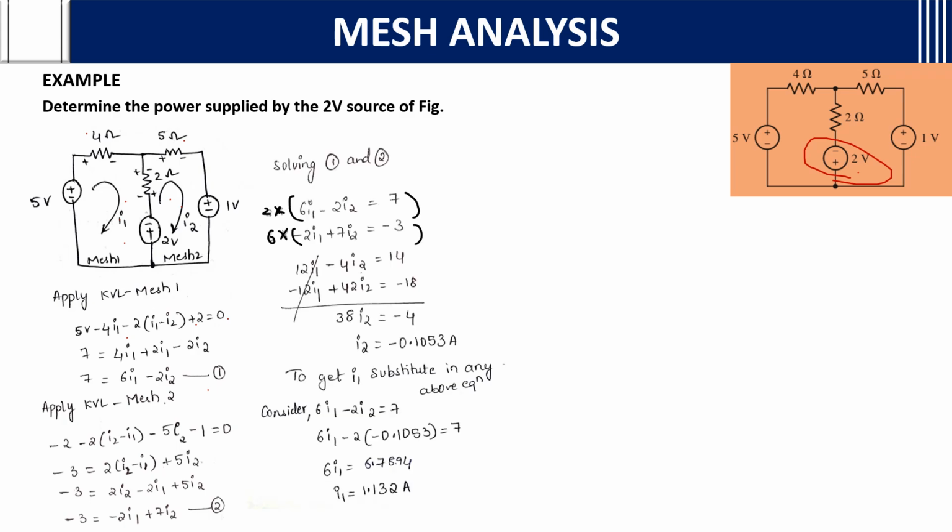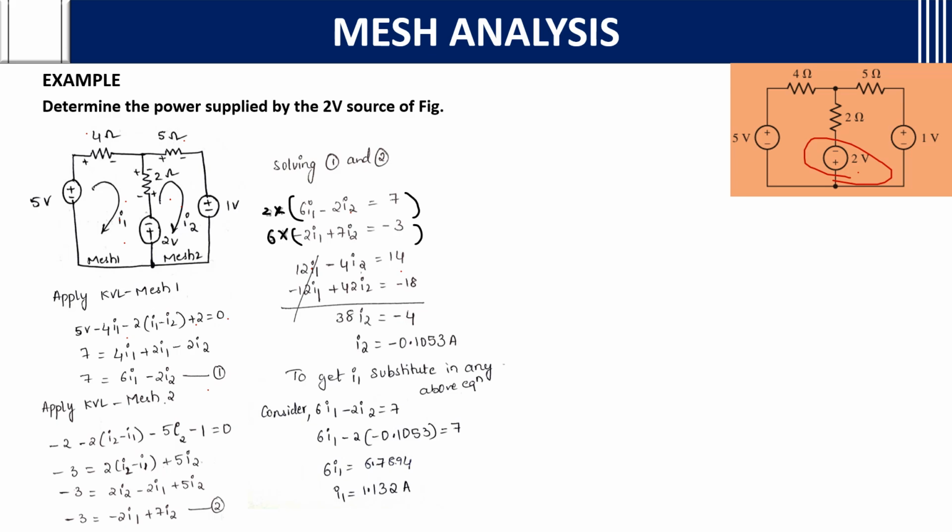Solving 1 and 2, one of the methods we can do is this way. 6I1 minus 2I2 equals 7, and minus 2I1 plus 7I2 equals minus 3. With the cancellation method, if you multiply the first with 2 and the second with 6, this becomes 12I1 minus 4I2 equals 14, and minus 12I1 plus 42I2 equals minus 18.